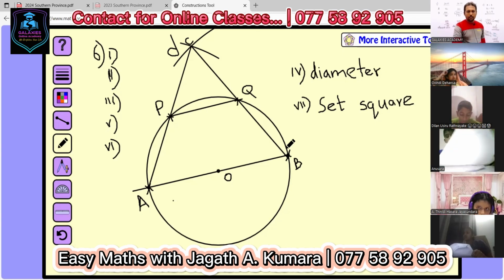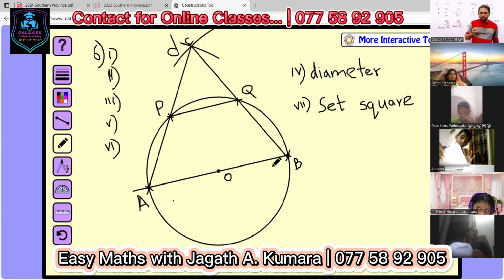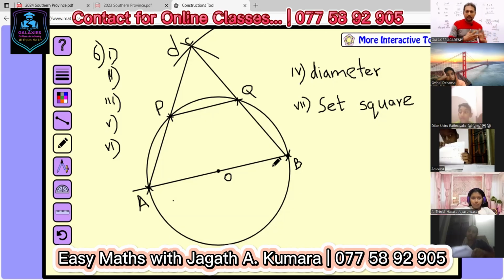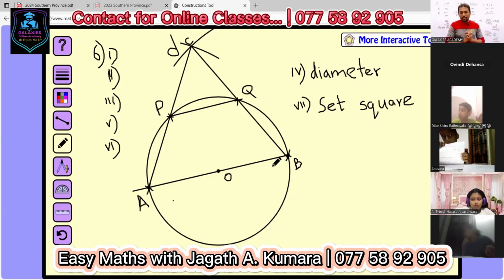Set square and ruler we have to use to determine the two lines are parallel or not. Right, can you understand, this is a full question, no? Right, it is the construction question.